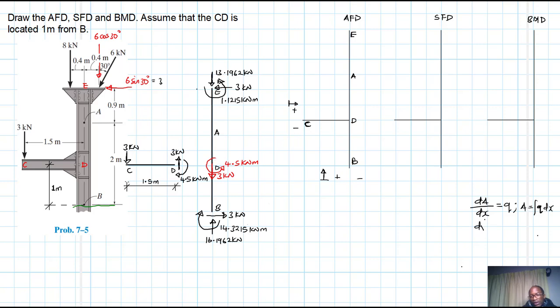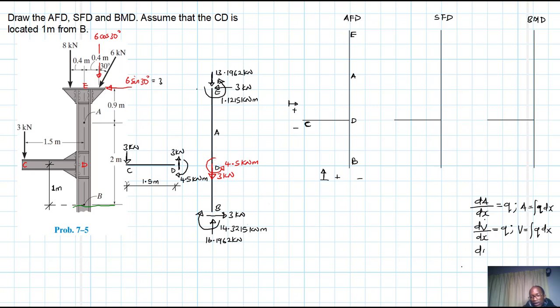And then the rate of change of shear with respect to x is equal to the distributed force, which is applied perpendicular to the longitudinal axis of the member. And then our shear force is just going to be equal to the area under that distributed force.